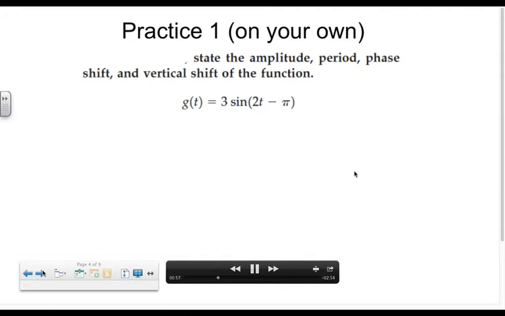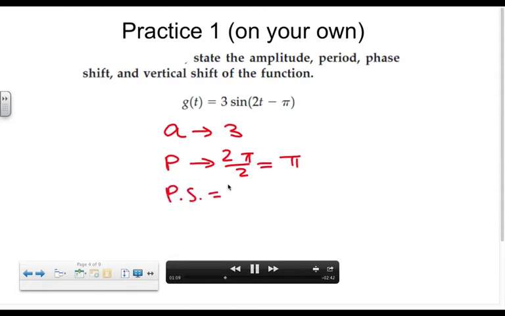Going over the practice problem, the very first thing, my amplitude is the absolute value of 3, which is 3. My period is 2 pi over 2, which is pi. My phase shift is negative pi over 2. I think I wrote this down wrong.